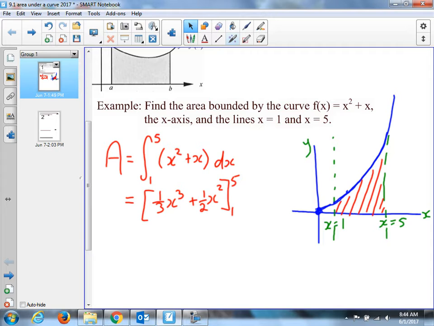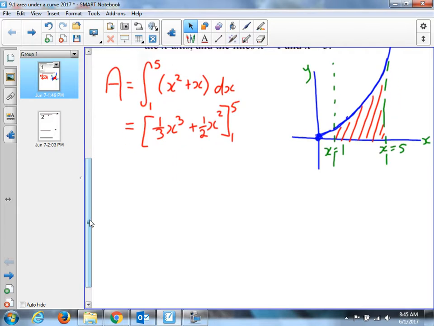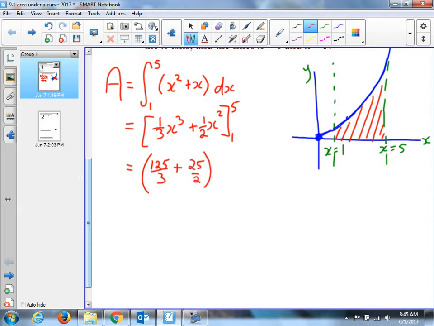Now, I'll do the arithmetic with you, just to show you, and I showed you this technique the other day. Be prepared to do this kind of stuff without a calculator. You can have a calculator in my classroom, but I'm thinking ahead. So, x cubed with 5 plugged in, 5, 25 times 5, 125 out of 3, plus 1/2 x squared, so 25 out of 2.